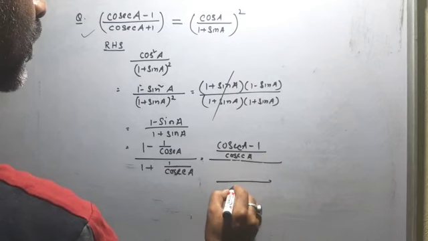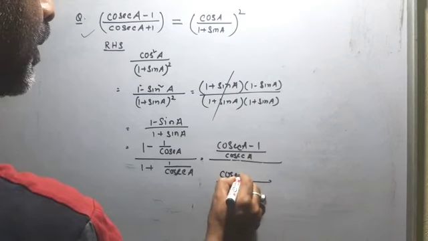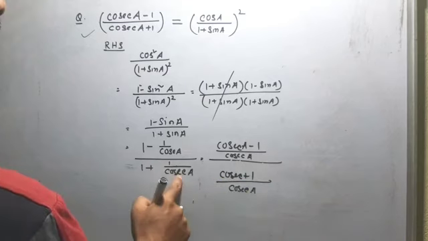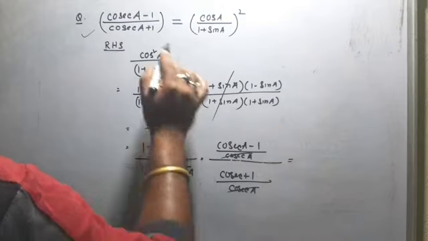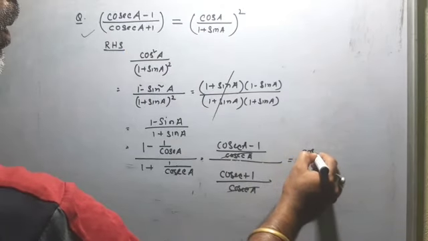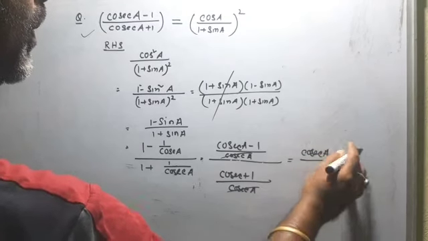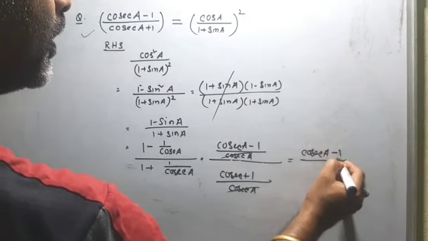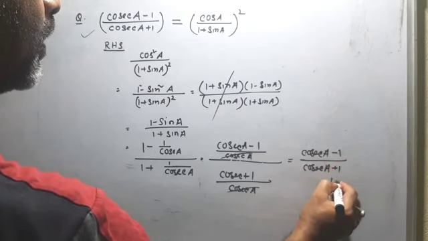Here also the LCM is cosec a. So here cosec a plus 1 we will take as LCM. So this cosec a and this cosec a cancel. So you have cosec a minus 1 by cosec a plus 1. That is your LHS.